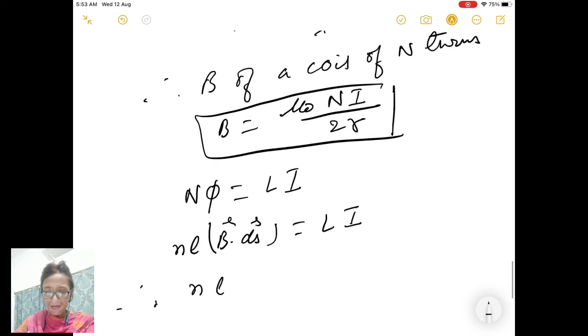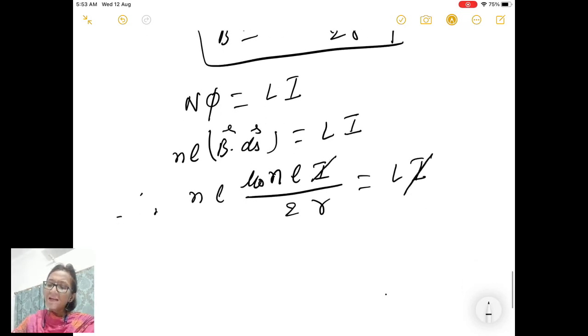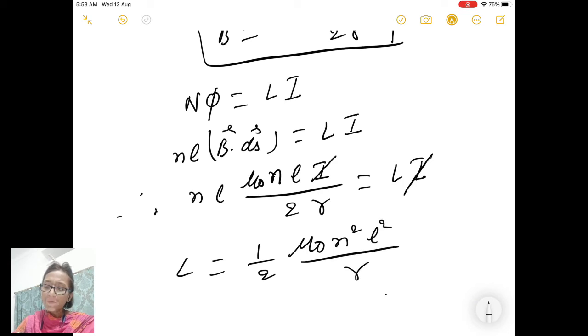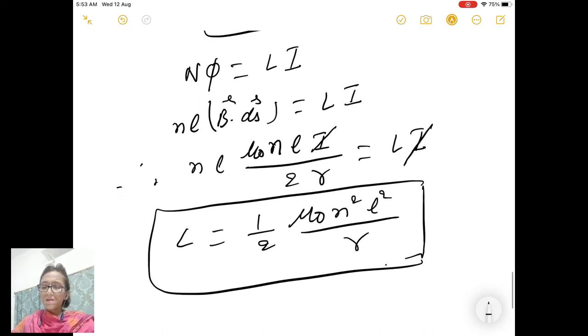Therefore, N times B, where I have obtained μ₀NI upon 2R, is equal to LI. Cancel I from the two sides and you will find that L comes out equal to half μ₀N² l² upon R. So this is the self-inductance in a circular coil of N turns.